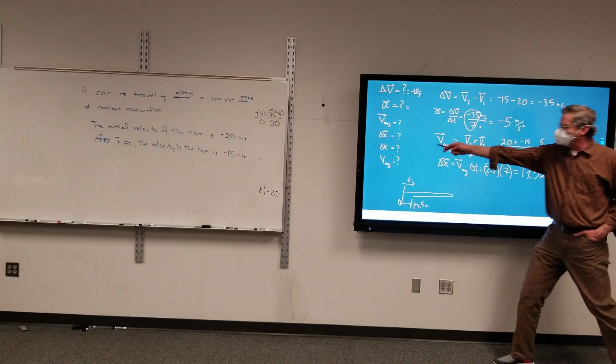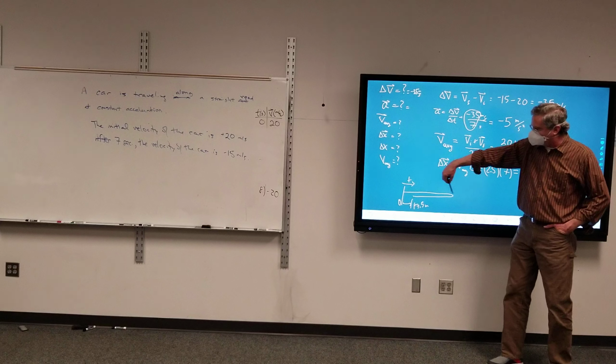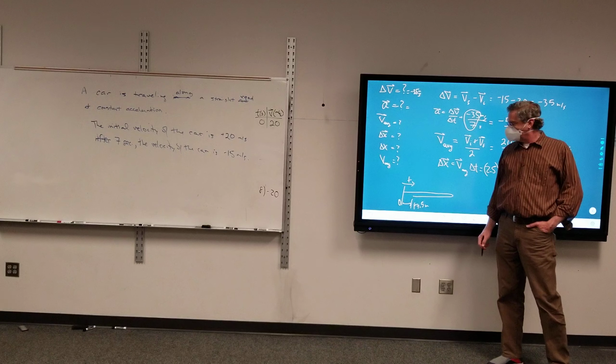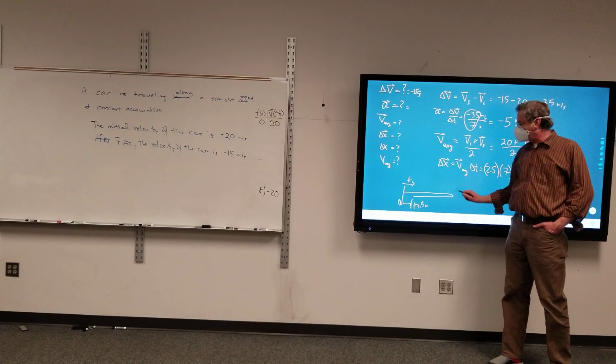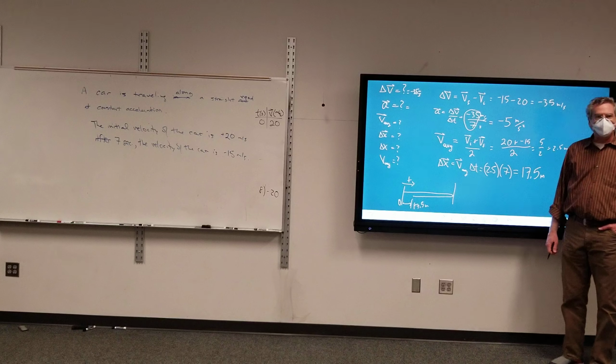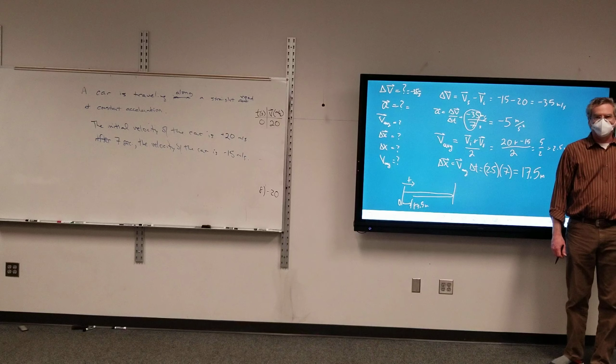So this next one is, what is the distance? In other words, how far did I actually travel? So what I really need to do is figure out how far to here. How far am I going to the right before I turn around?